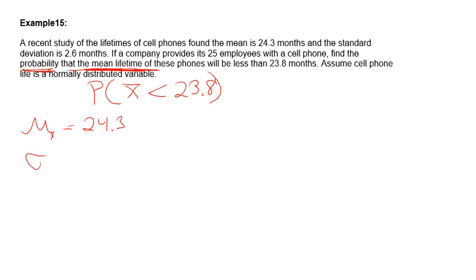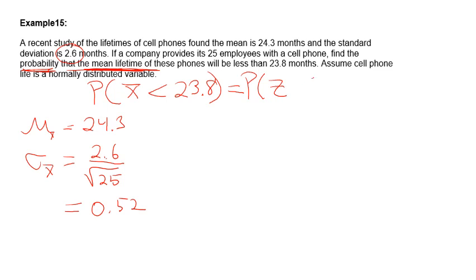We need to figure out the standard deviation of the sample mean, which is whatever the standard deviation is in the problem, divided by the square root of the sample size. When you do the math, sigma is equal to 0.52. Now that we have the mean and the standard deviation, we're ready to get to the table.